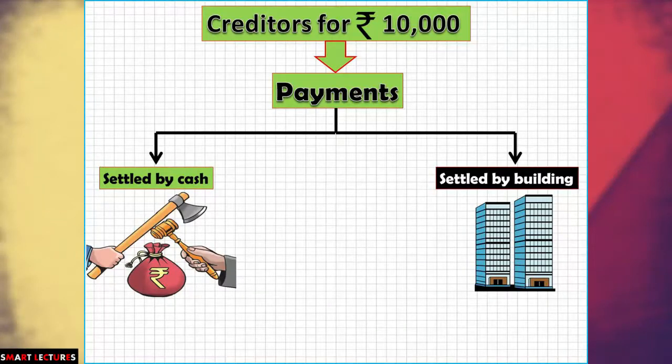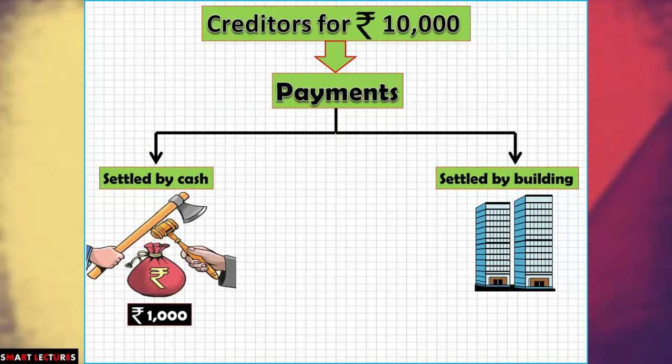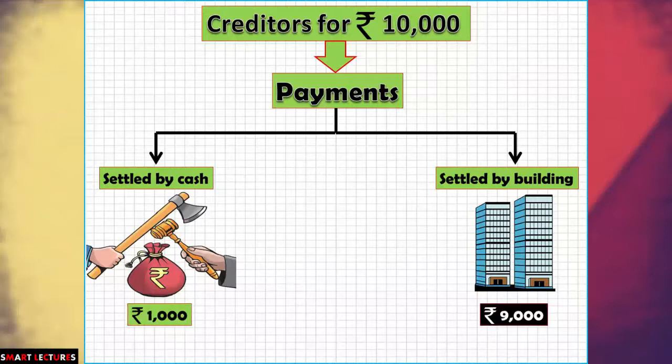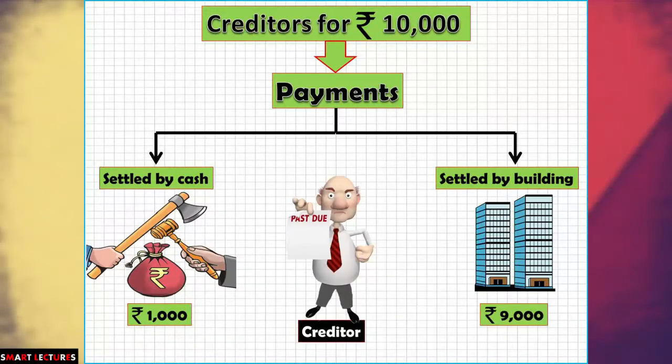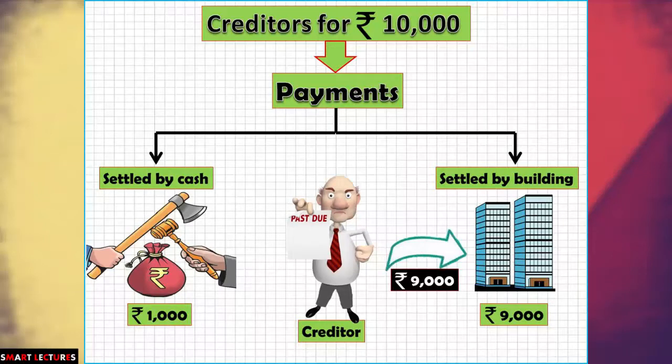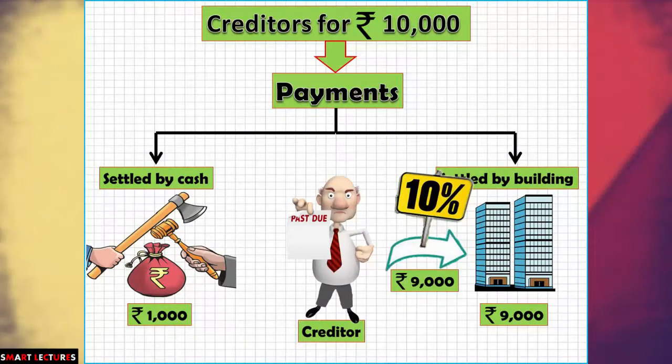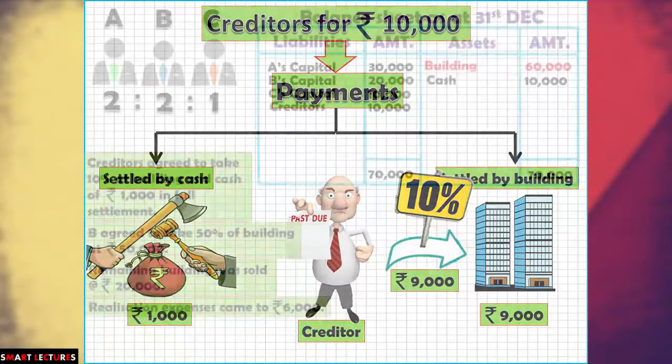First part was settled by 1,000 rupees in cash and another part must be settled by rupees 9,000. It means the creditors took the building at the value of rupees 9,000 and this was 10% of the total building.